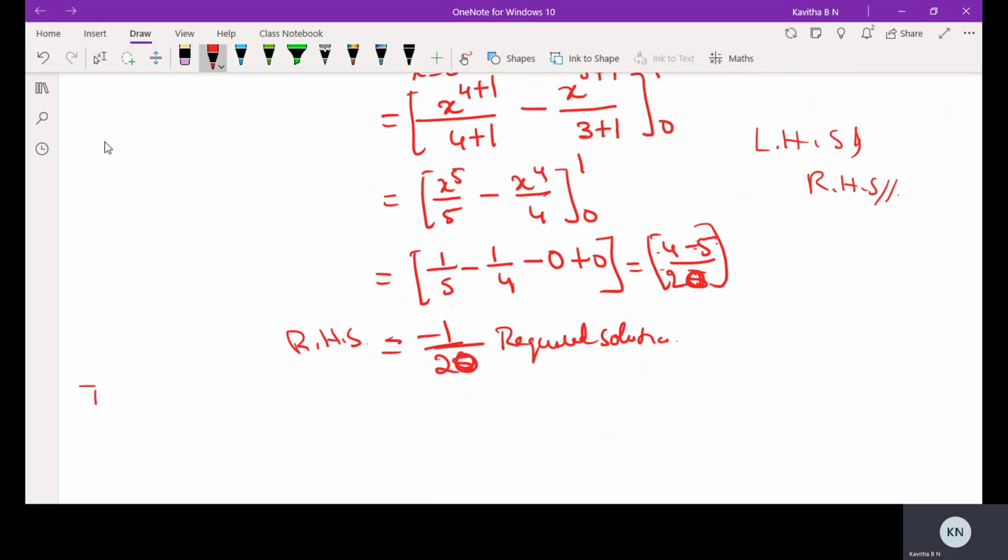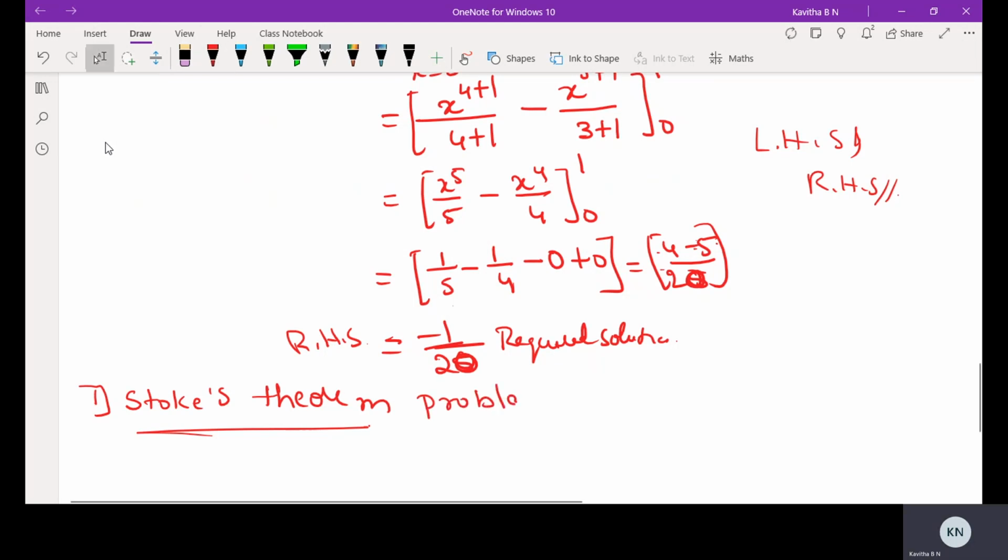Then in the next session I will start Stokes theorem problems.